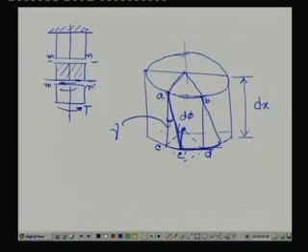Now, this particular length CC dash. How do we define the shearing strain gamma? We have learnt earlier about the shearing strain gamma. It will be this particular distance by this particular distance.